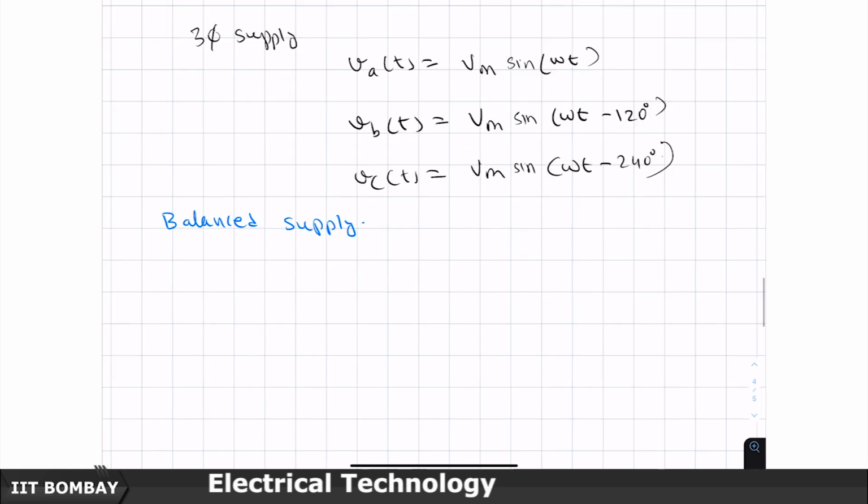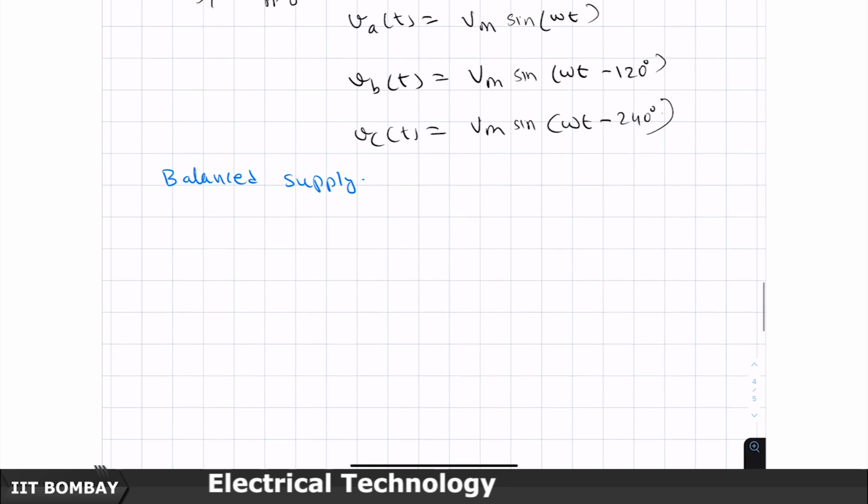Now, to jump a bit forward, I will be showing to you later in this class that these can be shown as three vectors, and these three vectors are actually called phasors, and their value is this Vm.